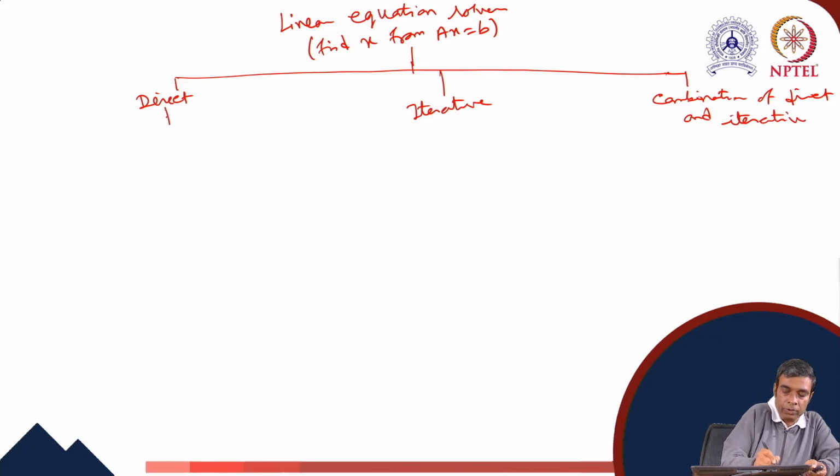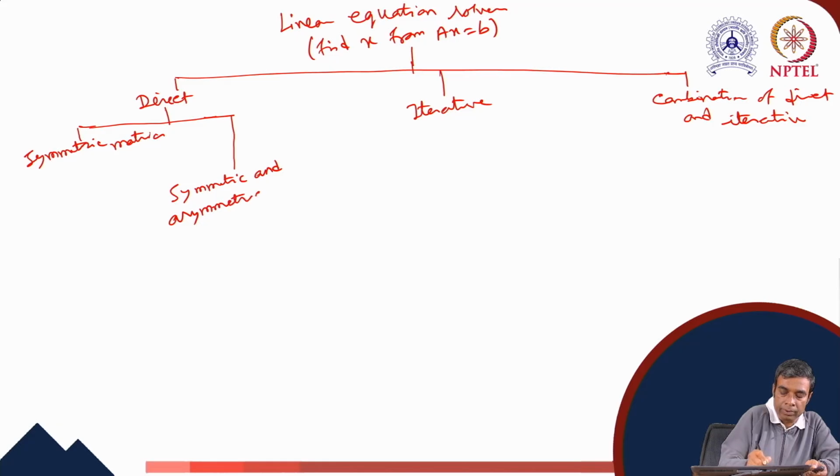For the direct methods, we have one class for symmetric matrices, and another for symmetric and asymmetric matrices.